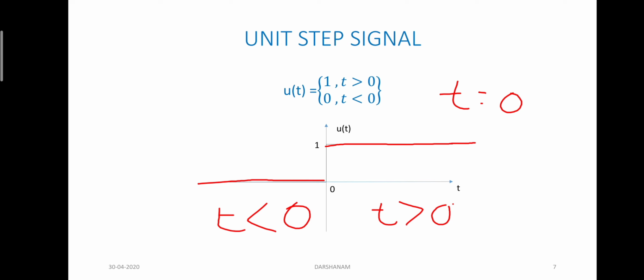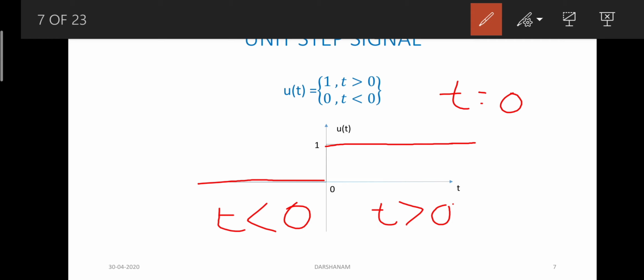Here we can see that for the time just before t equal to 0, the magnitude is 0, and for the time just after t equal to 0, the magnitude is 1. So, 0 before t equal to 0 and 1 after t equal to 0.